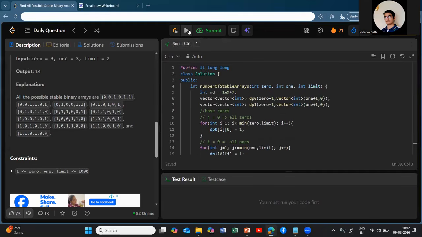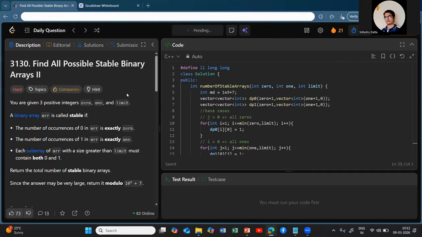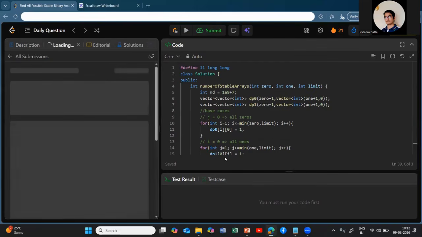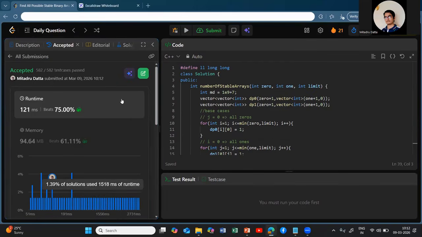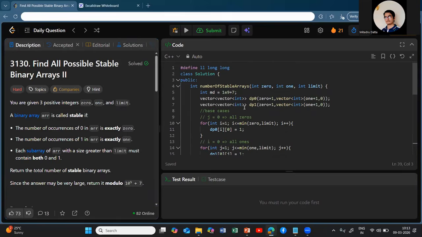Let's try to check, or whether it does give you a TLE. So yeah, it also works on this hard problem, because the time complexity is very simple, it is just a simple 2D DP table which we are creating two times. So it will be ones into zeros only.